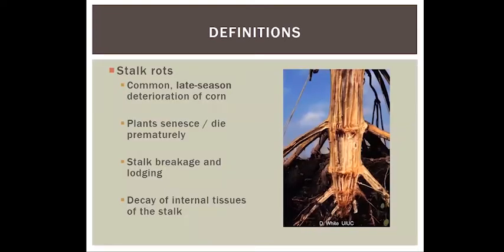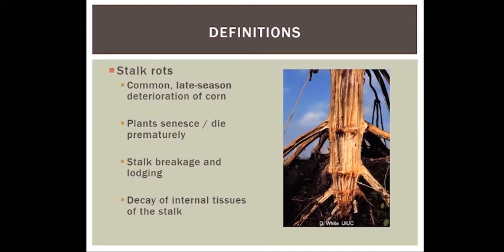So in terms of some basic information for you, stalk rots oftentimes are going to be occurring later in the season. The plants tend to senesce or die, oftentimes very rapidly, but they will die or senesce much earlier than typical, and oftentimes their distribution in the field can be very scattered.